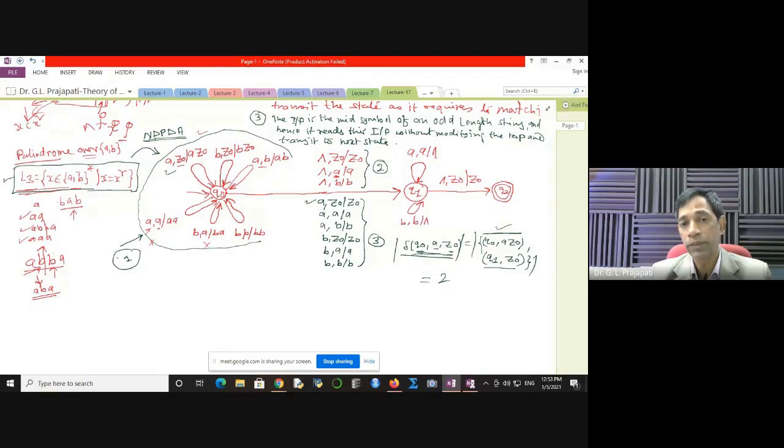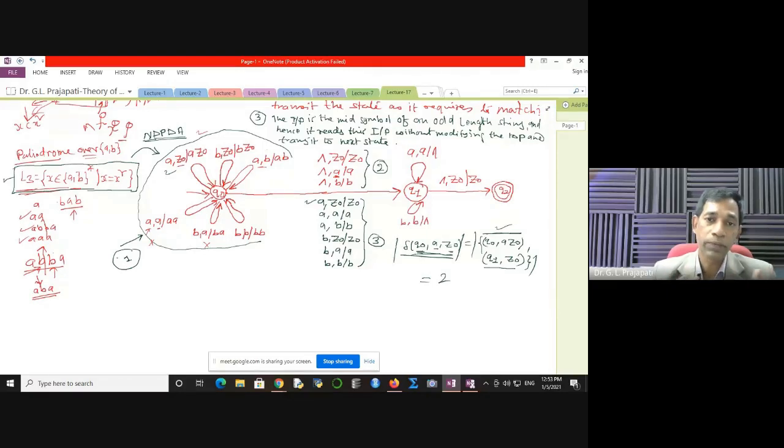The power of NDPDA and the power of DPDA are different. Why? Because NDPDA accepts a different kind of language than DPDA. DPDA accepts context-free languages, and NDPDA also accepts context-free languages, but the language accepted by the DPDA is known as a deterministic context-free language.